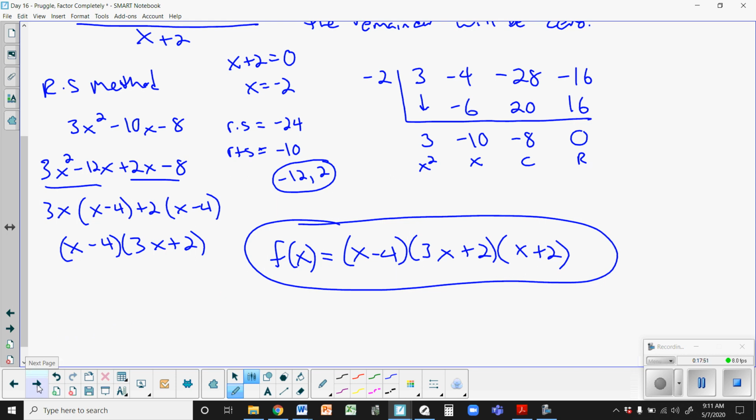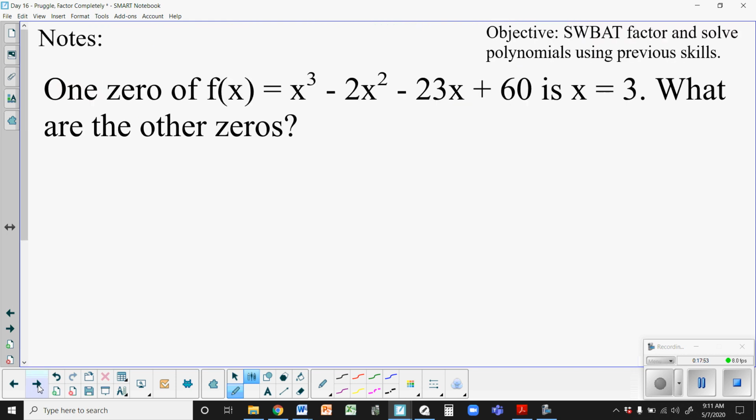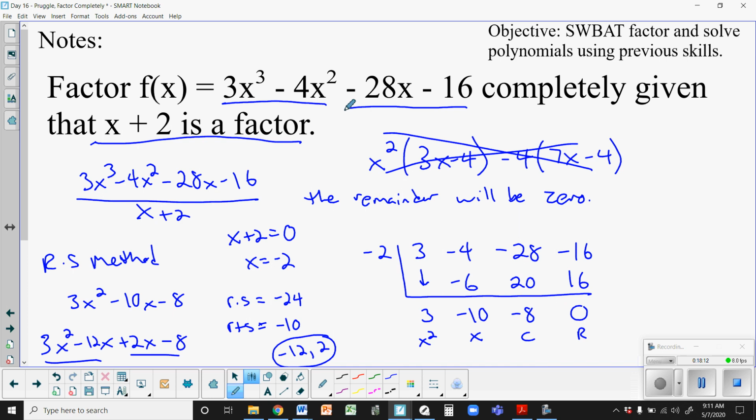All right, let's look at another problem. So this next one says 1 0 of the function x cubed minus 2x squared minus 23x plus 60 is x equals 3. What are the other zeros? Is this like any of the ones that we just did? Okay, so if we look back, the one before, it was just factor completely, so we didn't have to find zeros there.